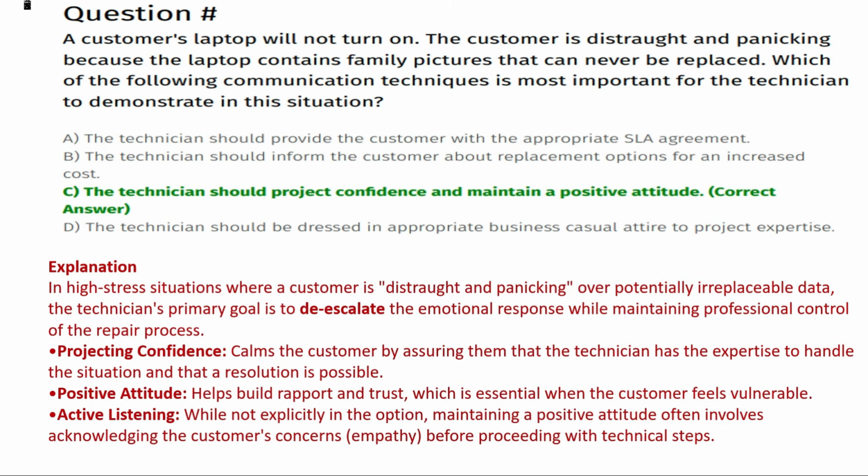A positive attitude helps build rapport and trust, which is essential when the customer feels vulnerable. Active listening, while not explicitly in the option, is part of maintaining a positive attitude, which often involves acknowledging the customer's concerns and showing empathy before proceeding with technical steps. So that's why the correct answer for this question is option C, the technician should project confidence and maintain a positive attitude. So let's move to the next question.